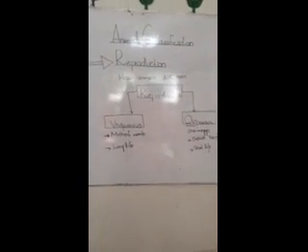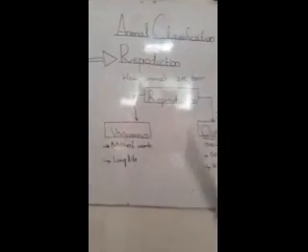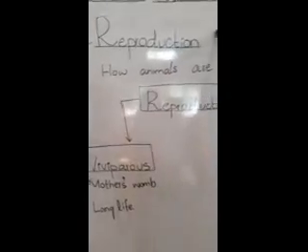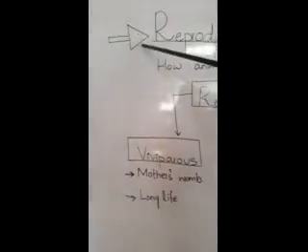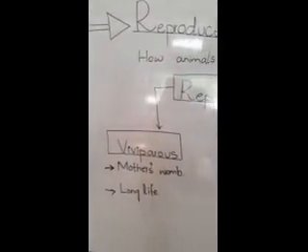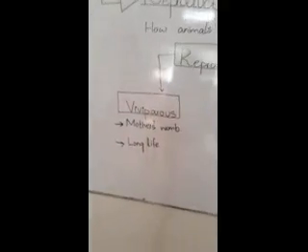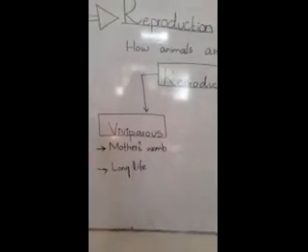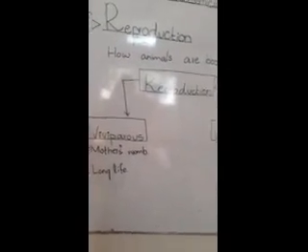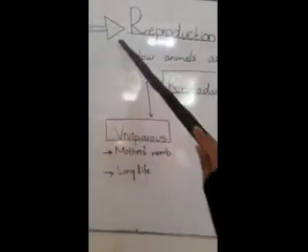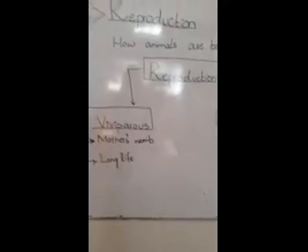Then on the basis of reproduction, I have told you in the previous chapter that re meaning again and again, and production meaning making. When the first animal produces the next generation, and the next generation produces the third generation, this process is called reproduction, when the new animals are born.